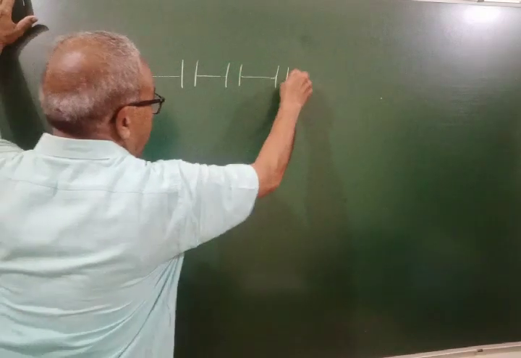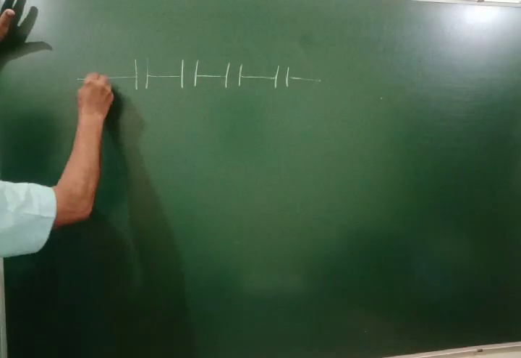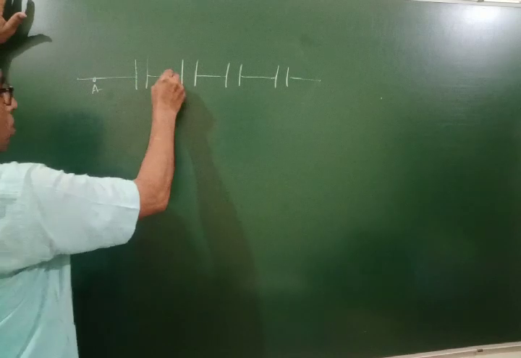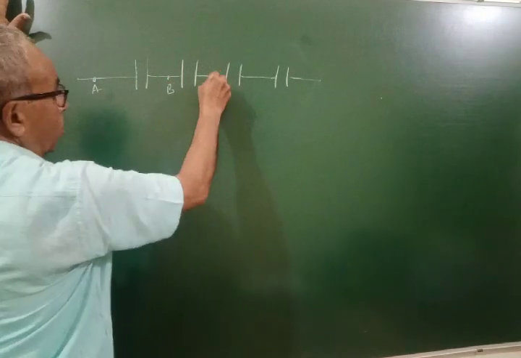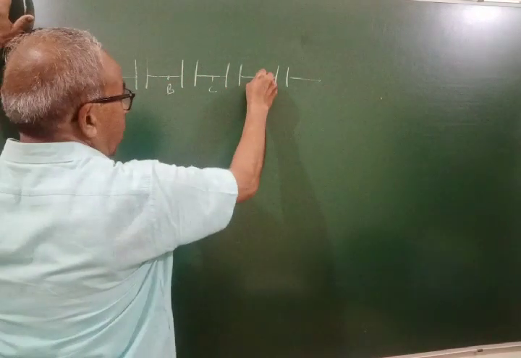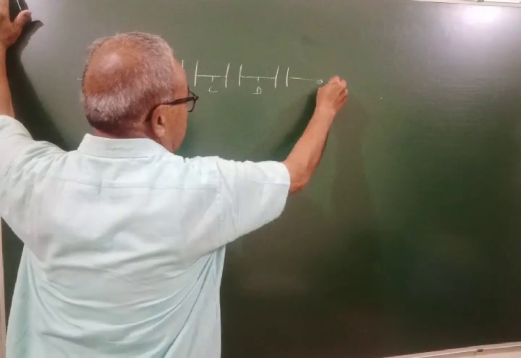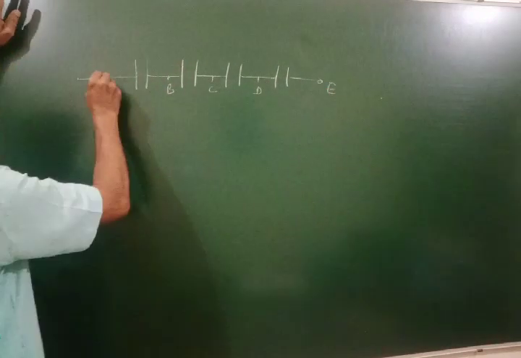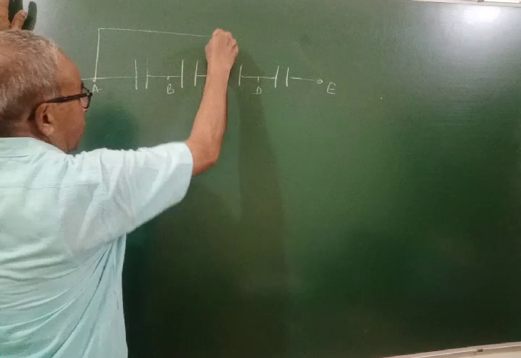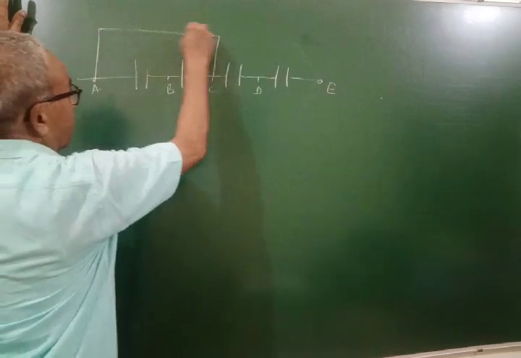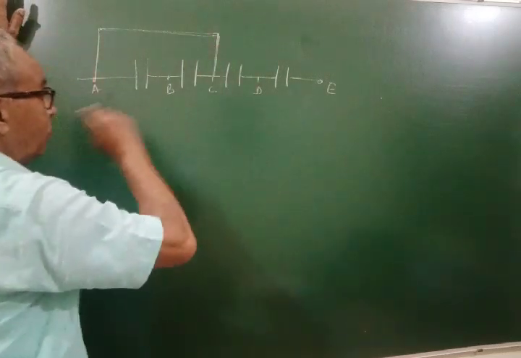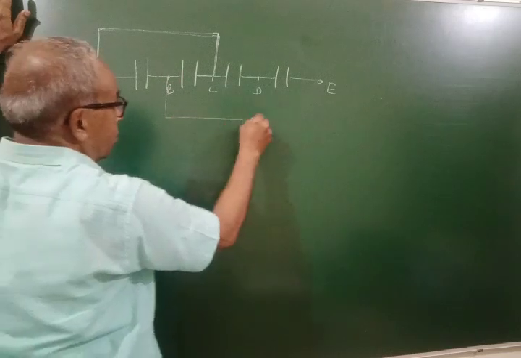Here are point A, point B, point C, point D, and E. Points A and C are connected by a conducting wire, and B and D are connected by another wire.